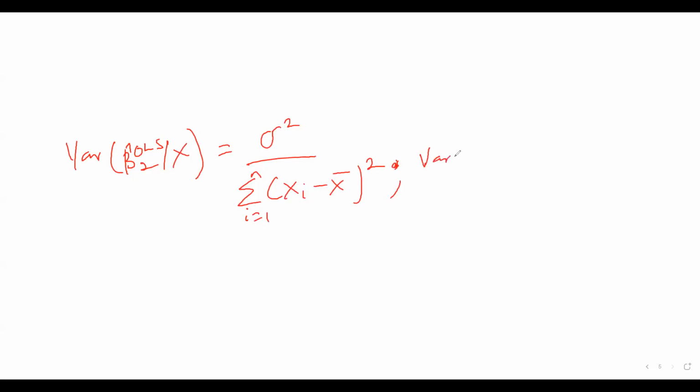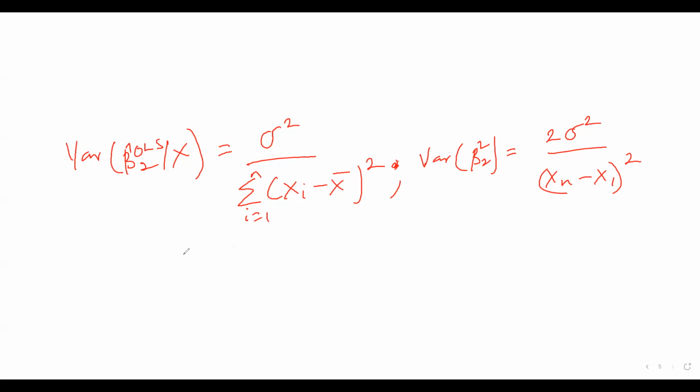The variance of beta 2 tilde, the last one we just proved, is 2 sigma square over xn minus x1 square. So which of these variances is more efficient? We are proving that this one is more efficient than this, that is, this variance is less.